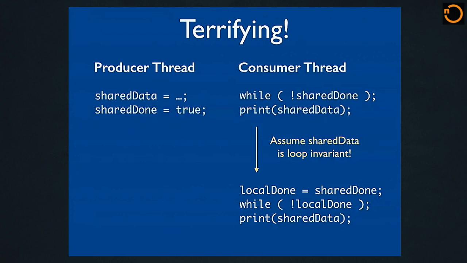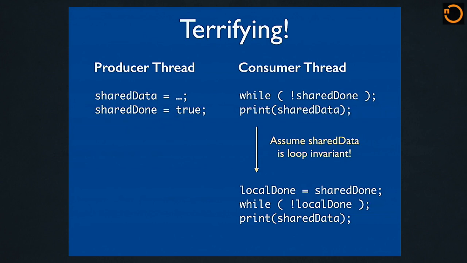Now you think this is great for your array, and it is. But the compiler doesn't care whether your variable is an array or, say, a Boolean involved in some coordination protocol. If you have shared data equals something and shared done equal to true in some producer thread, you're hoping that the other thread actually sees that shared done became true from false after you've set the data. Well, shared done isn't any different than element data.